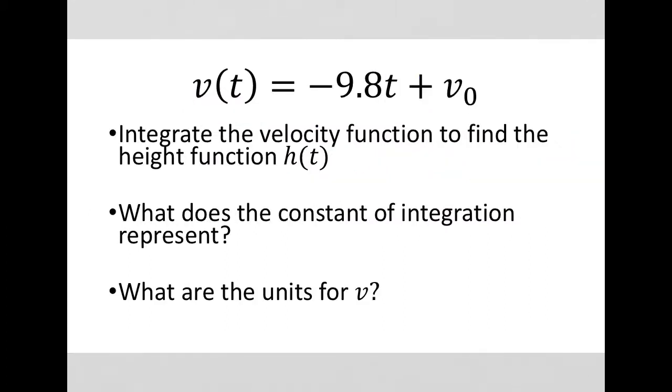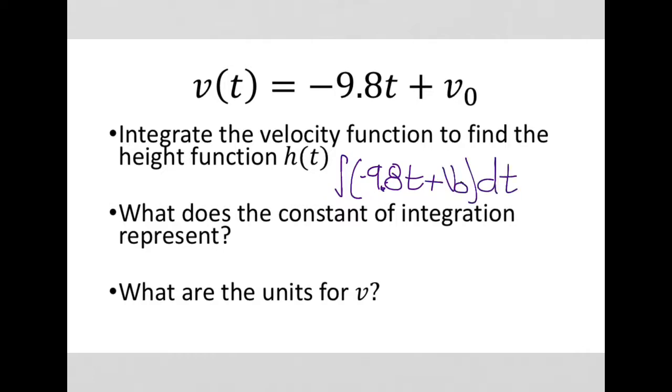And if we integrate that function, we will get a height function. So we're integrating negative 9.8t plus v0 with respect to time. When we do so, we will get negative 9.8t squared, divided by 2, which will give us a coefficient of negative 4.9t squared, plus v0, that's just a constant term, so when we integrate it, we get v0 t plus our constant of integration.